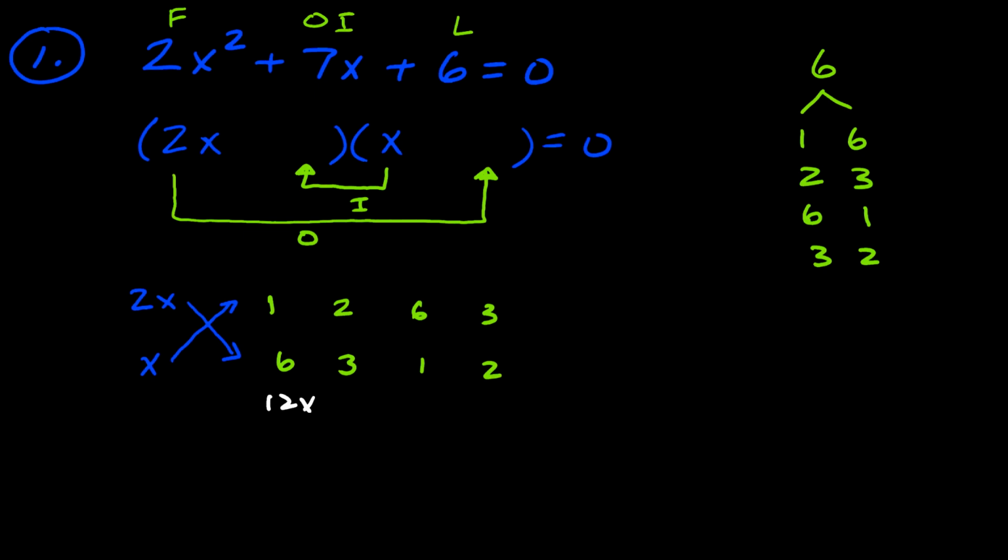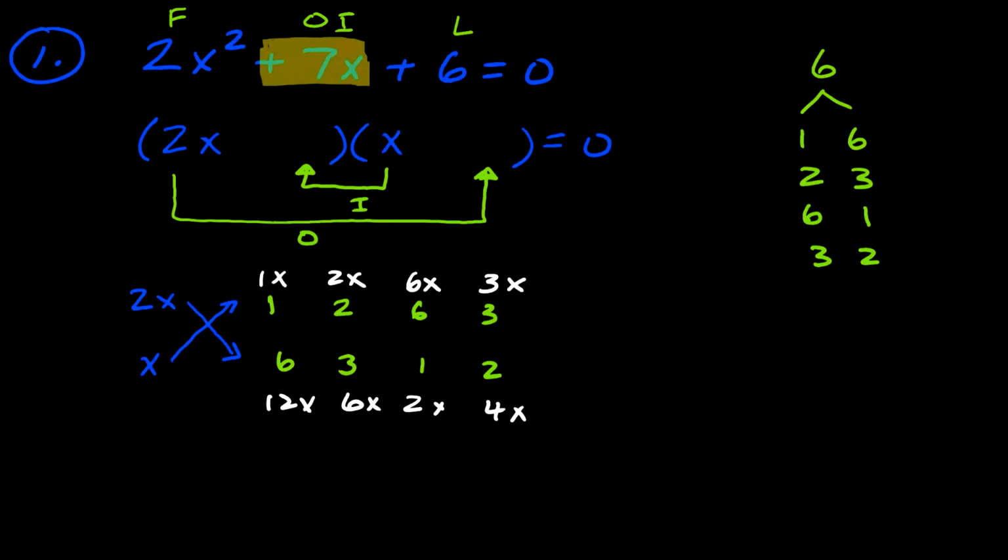If it was 3, it would be 6x. If it was 1, it would be 2x. And if it was 2, it would be 4x. And when the x multiplies that inner term, x times 1 is just 1x. If it was 2, it'd be 2x, 6x, and 3x, you'll see. So what we've done is we've basically listed all our possibilities, and we have to remember our goal is to look what's going to combine to make 7x.